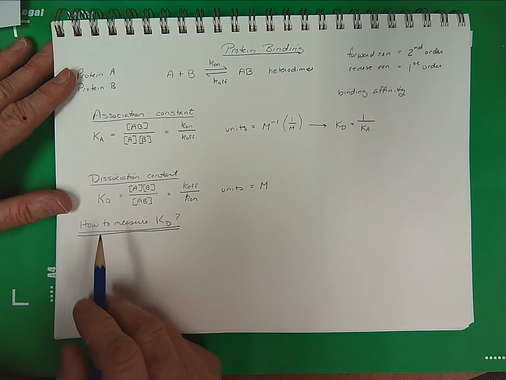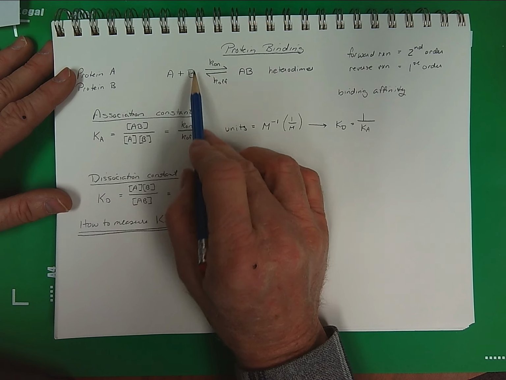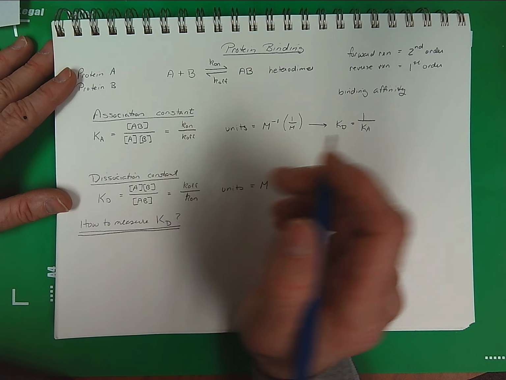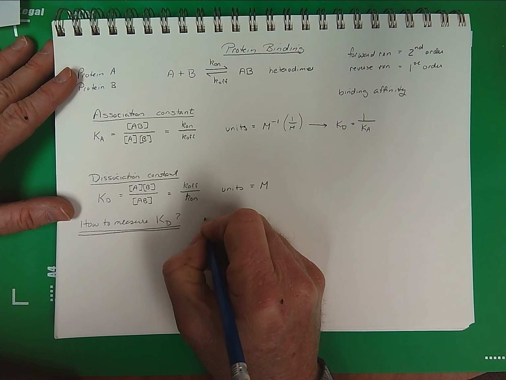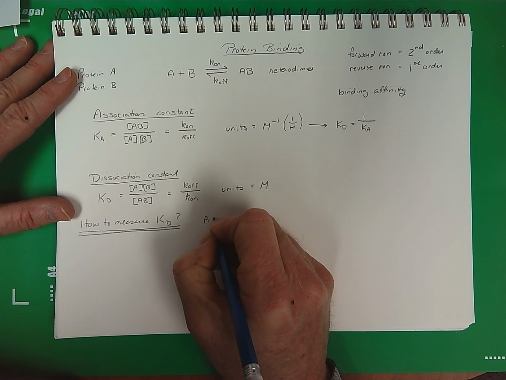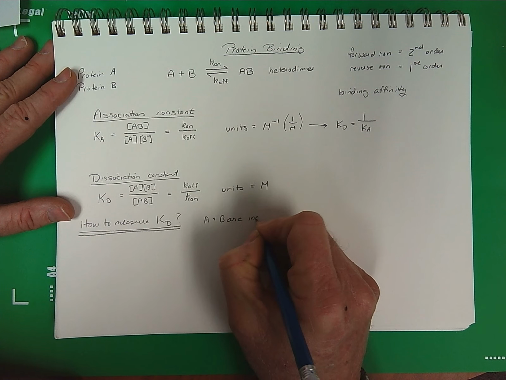Well, first of all, we have to consider that we have a second-order reaction where we have two reactants coming together to form one product. So this means that A and B are independent variables.